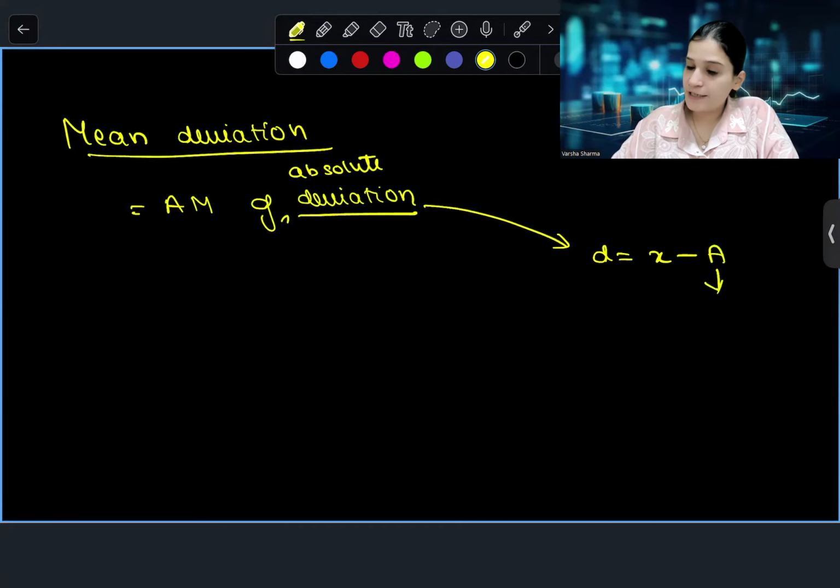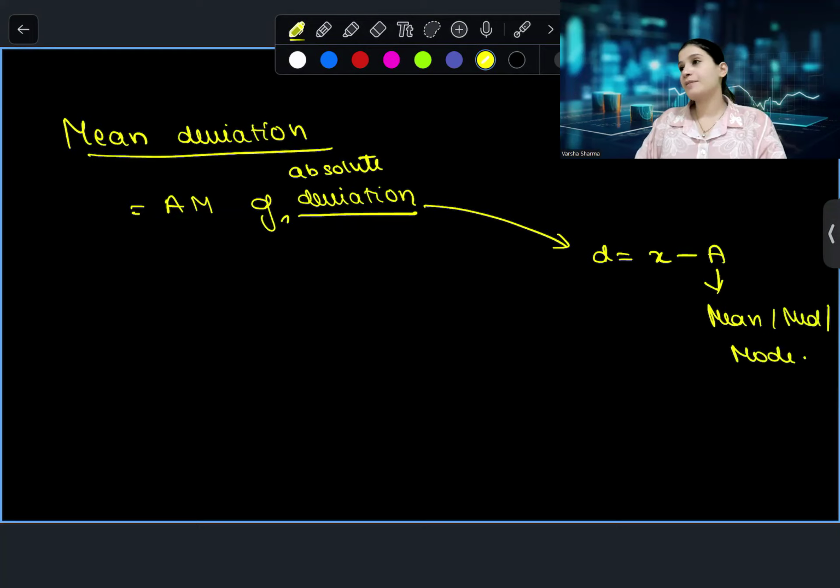Now this a can be mean, median or mode. So mean deviation can be calculated from mean, from median, or from mode. So mean deviation is the arithmetic mean of absolute deviation.